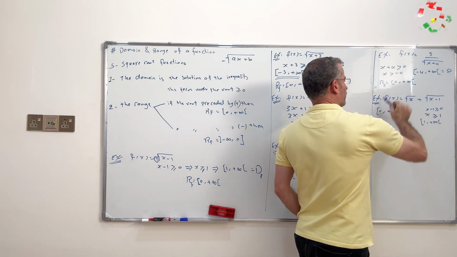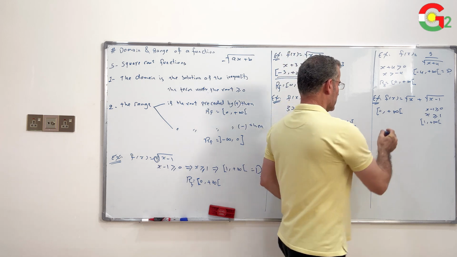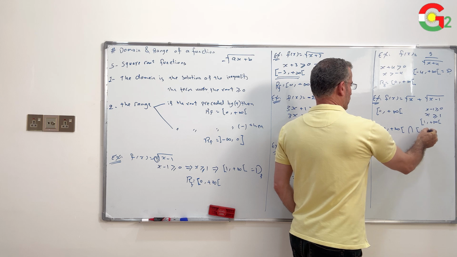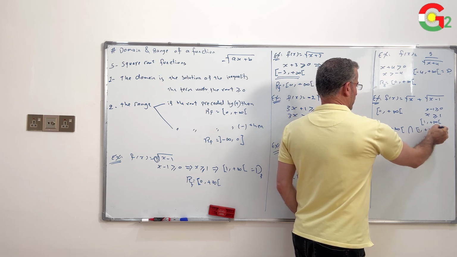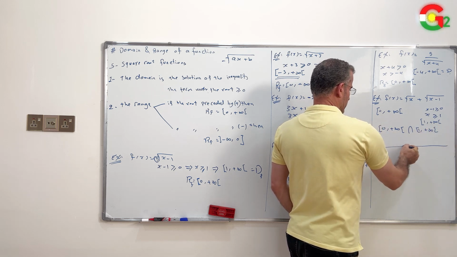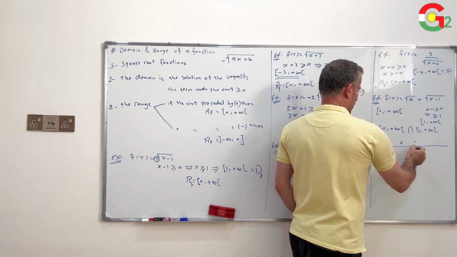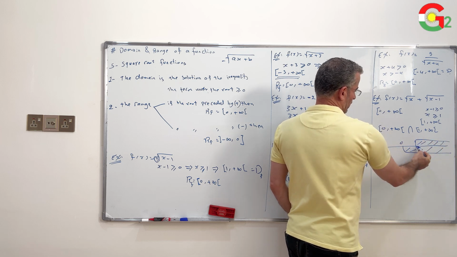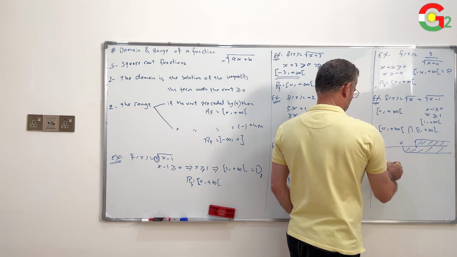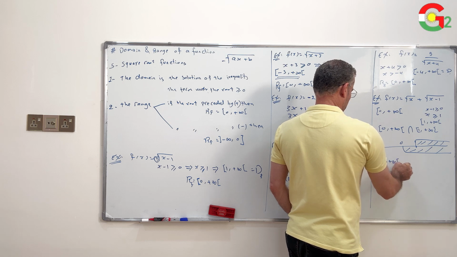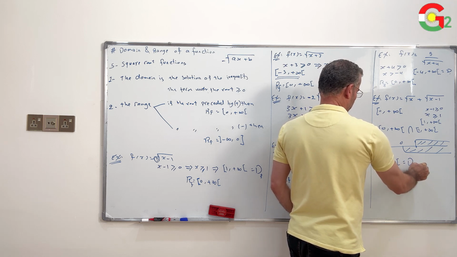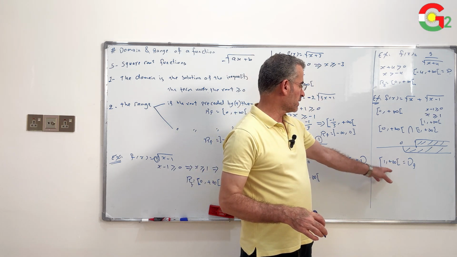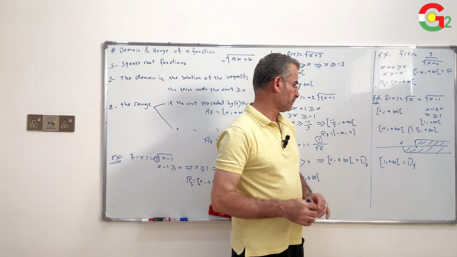The domain of the whole function is the intersection between 0 to positive infinity and 1 to positive infinity. The intersection is from 1 to positive infinity, and this interval is the domain of this function.